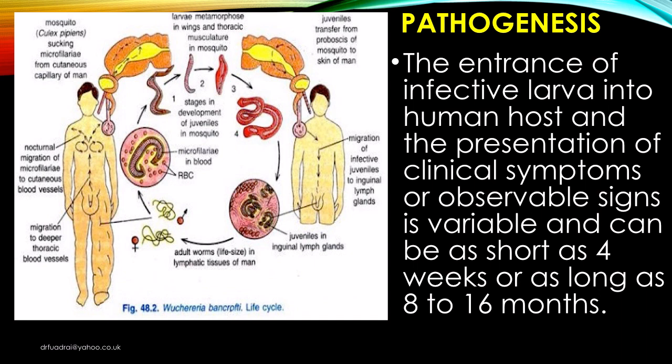As far as the pathogenesis is concerned, the entrance of the infective larva into the human host, we've already discussed it, but just to refresh, the infective larva enter into the human host, and the presentation of clinical symptoms or observable signs is variable and can be as short as 4 weeks or as long as 8 to 16 months.